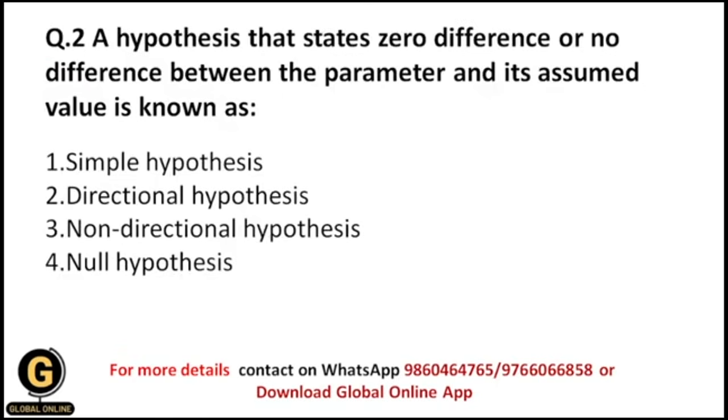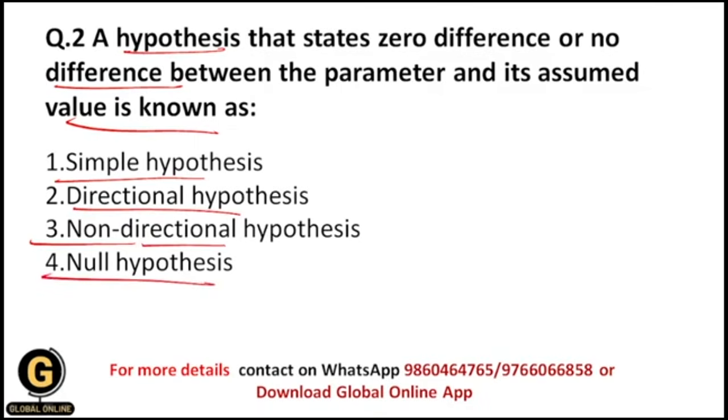Okay, now next is a hypothesis that states zero difference or no difference between the parameter and its assumed value is known as. So whenever a hypothesis states that there is no difference or zero difference between the parameter and its assumed value, then what type of hypothesis is it? Whether it is simple hypothesis, directional hypothesis, non-directional hypothesis, or null hypothesis.